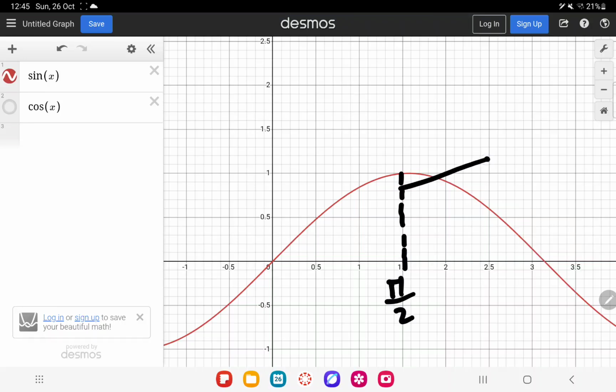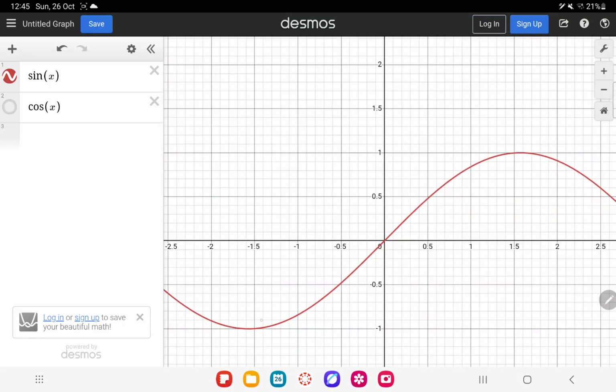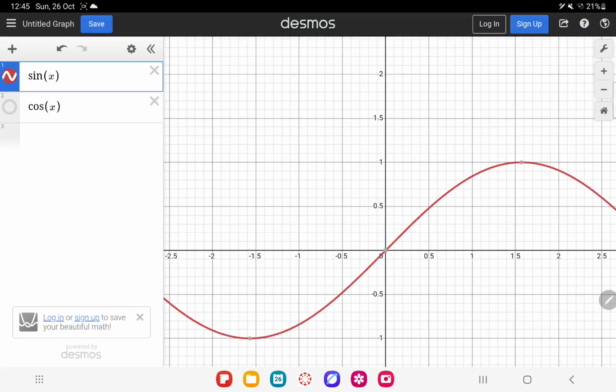And if you go to this side, this is supposed to be negative pi over 2, as you can see, and that y value is -1.